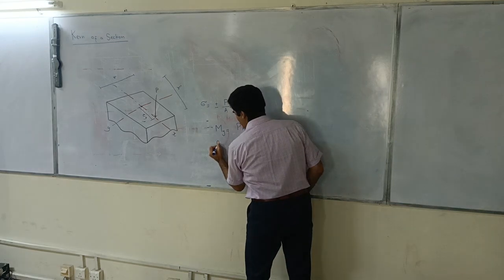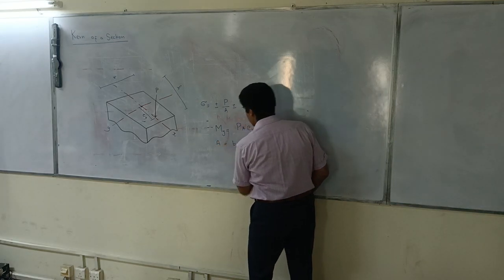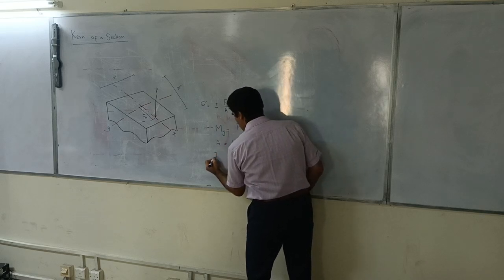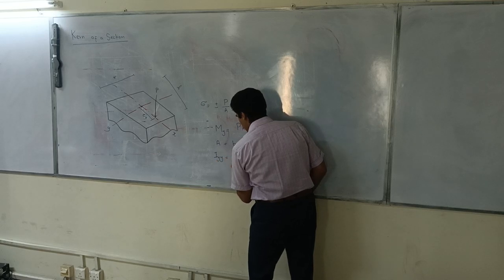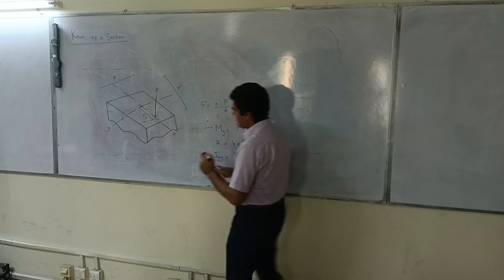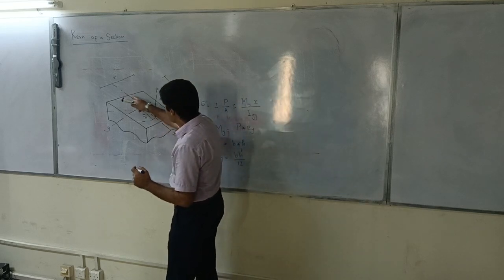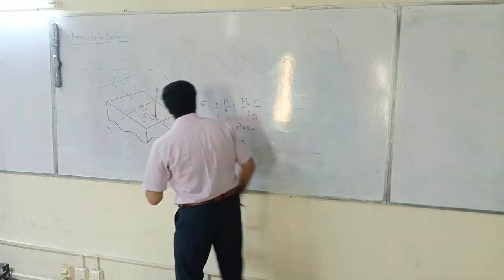Area is B times H. I_yy is B H cubed by 12, and X is any direction along this plane.